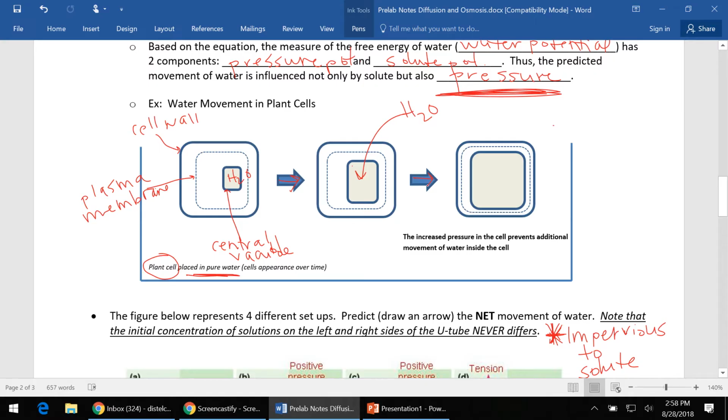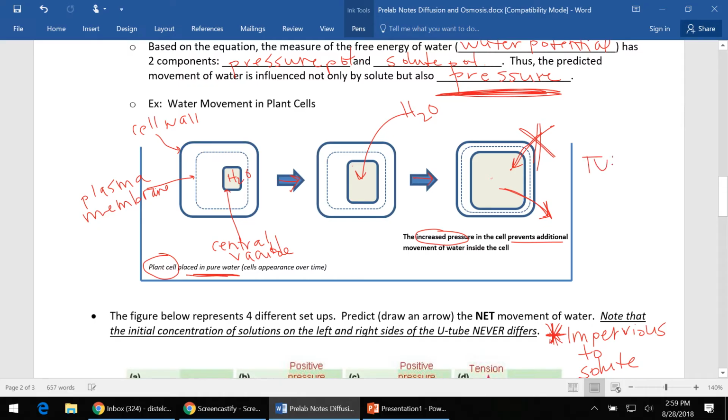More time goes by, more water has gone in, but also water can start to come back out, because now we've increased the pressure of the vacuole and the cell membrane and the cell wall, and then it prevents additional movement of water inside the cell. So I'm going to say, actually, in this picture, there wouldn't be any more water moving in. There actually may be water coming out because of that excess pressure.